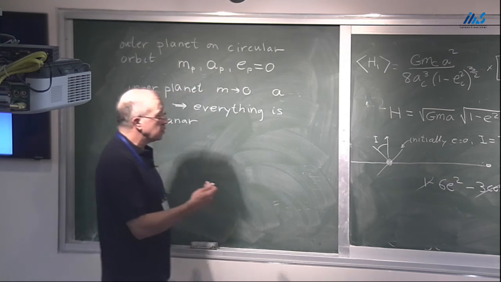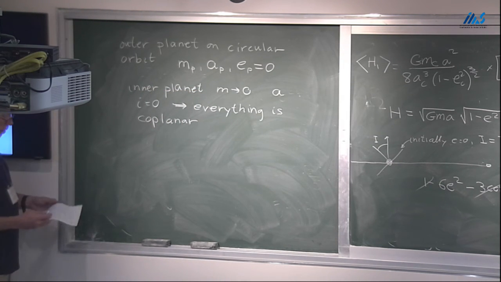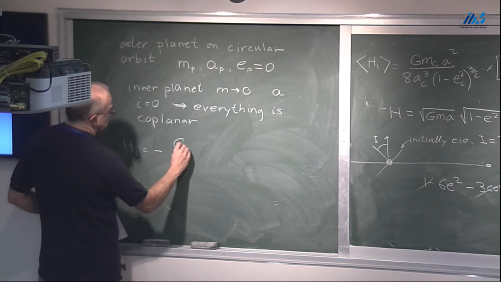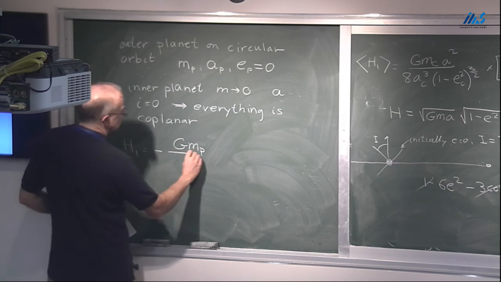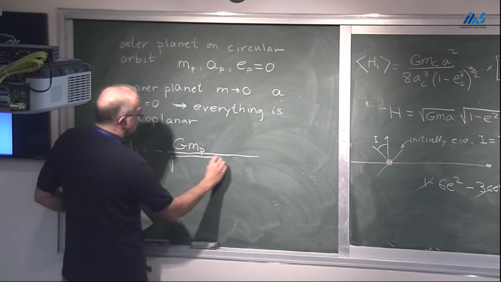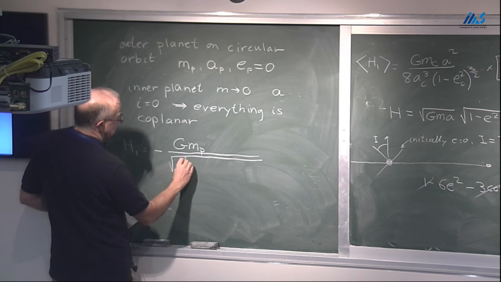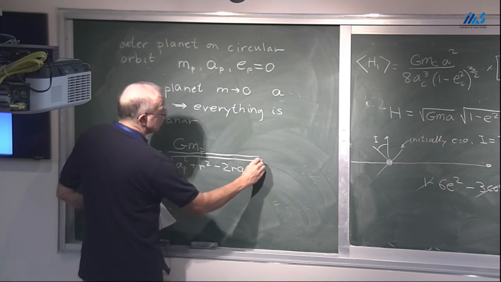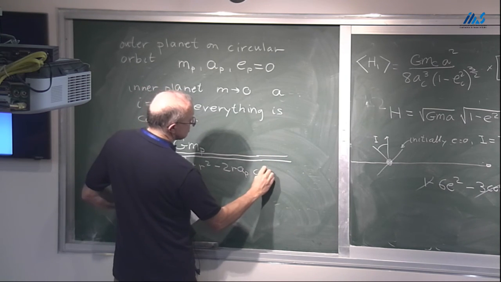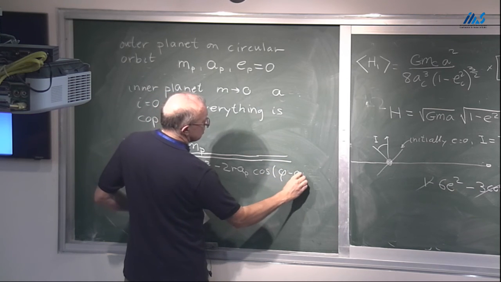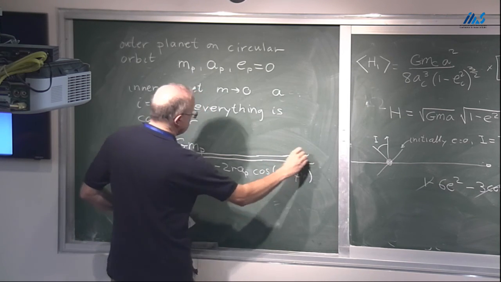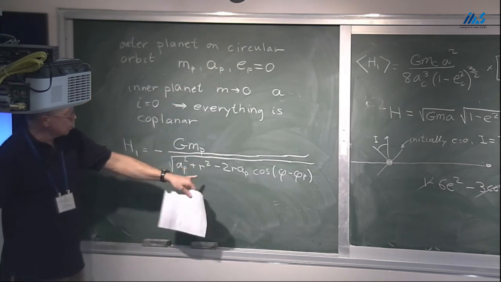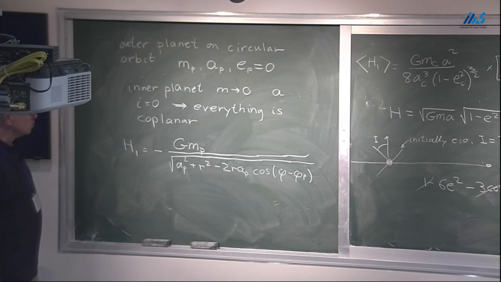Again, I'm going to work in a reference frame that's attached to the star. And so the perturbing Hamiltonian is minus G times the mass of the exterior planet, the square root of AP squared plus r squared minus 2r AP cos(phi minus phi_p). I'm using AP for the semi-major axis of the outer one because I've assumed that its eccentricity is 0. I'm not assuming that the eccentricity of the inner planet is 0.